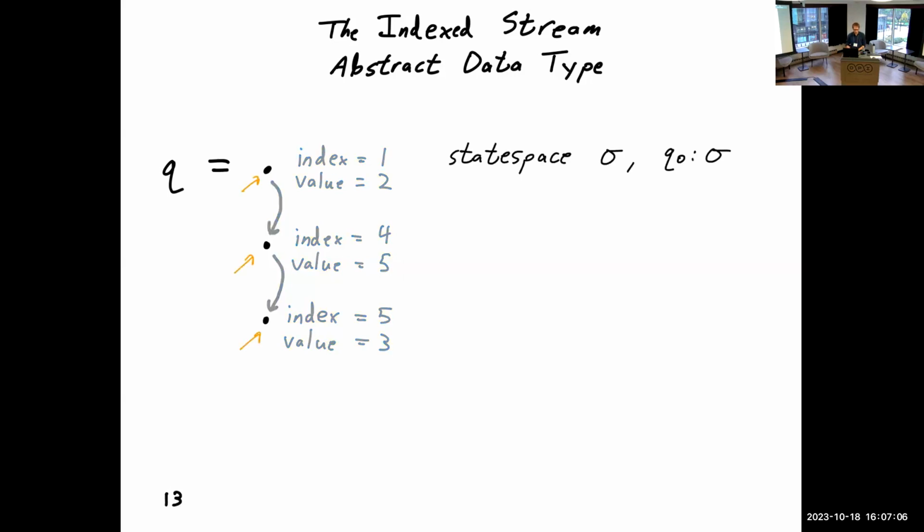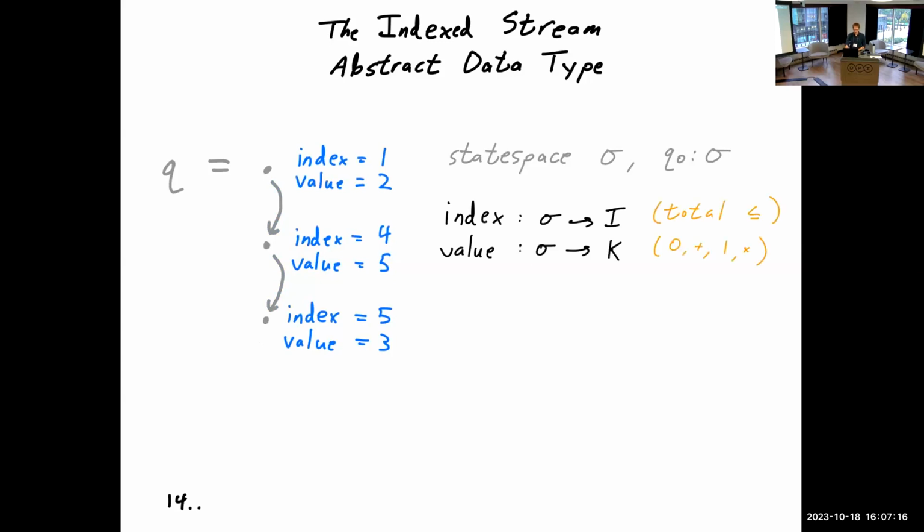A little more formally, an index stream is a state space sigma and an initial state. It has these two labeling functions that label each state with an index and value. We make a couple of assumptions about these indexing sets and value sets. We typically assume the indexing set is totally ordered, and we assume that the value set is a semiring. That means it comes with a 0 value, which is important for having this notion of sparsity, and addition and multiplication operators.